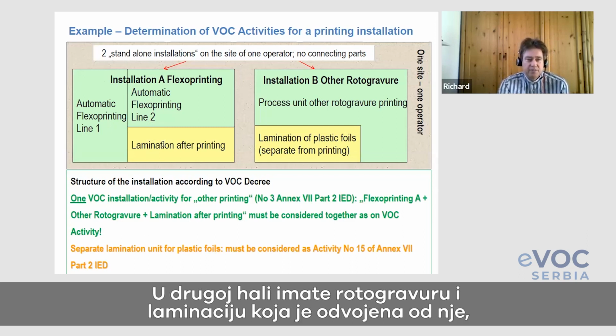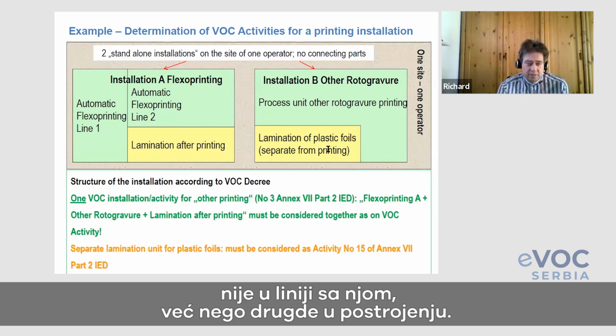So it's associated with the printing. In installation B, you have rotogravure, and here a lamination, but separate from printing, not associated. It stands somewhere in the installation, not in line.